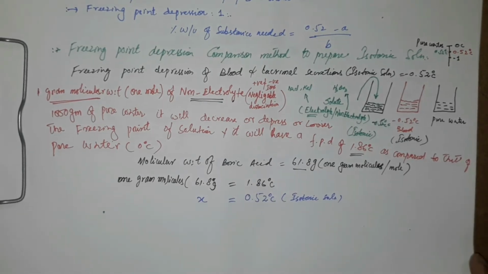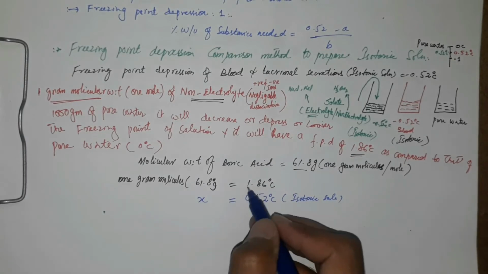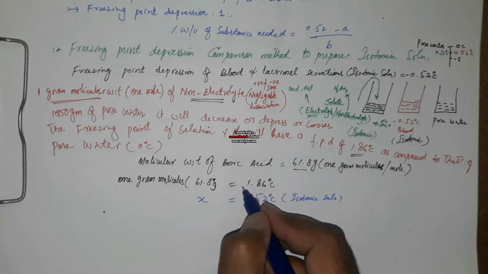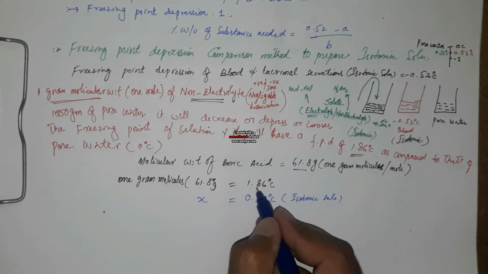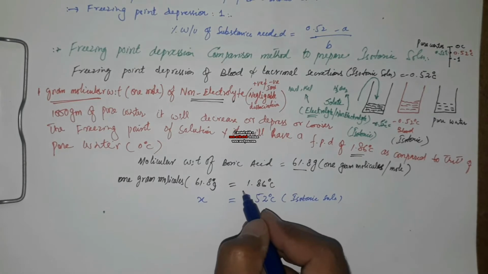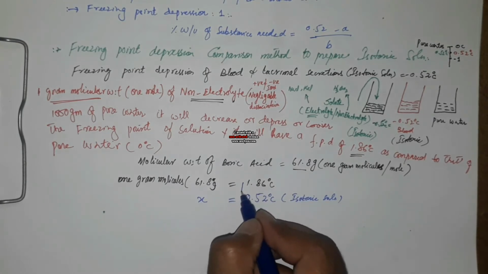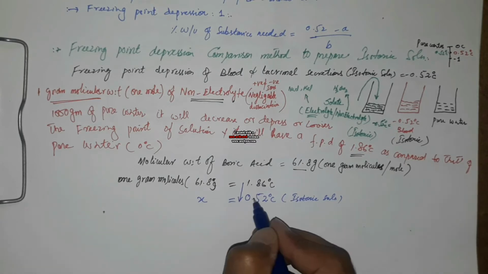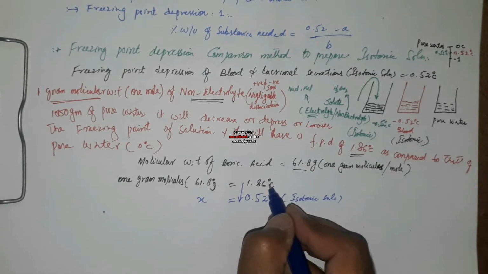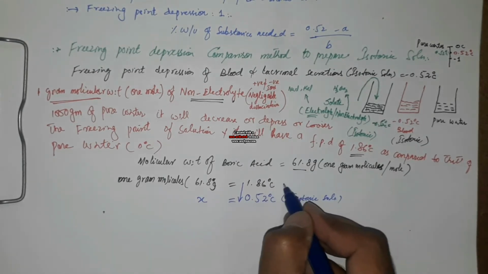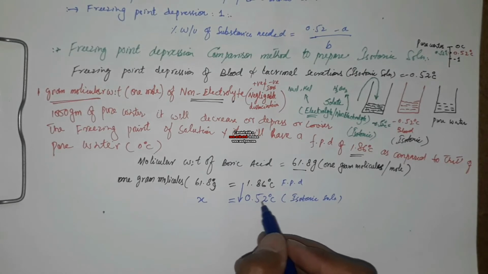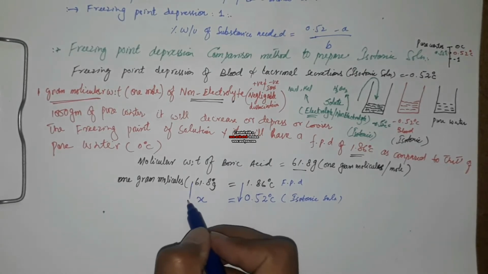For proportion, you can also see my lecture on proportion. Here I will discuss it in a short way. The freezing point depression of 1.86 degrees centigrade is more than the freezing point depression of 0.52 degrees centigrade. So the freezing point depression is decreasing, and if 61.8 grams of boric acid is needed to produce 1.86 degrees centigrade, then obviously for 0.52 degrees centigrade a lesser quantity of boric acid will be needed.